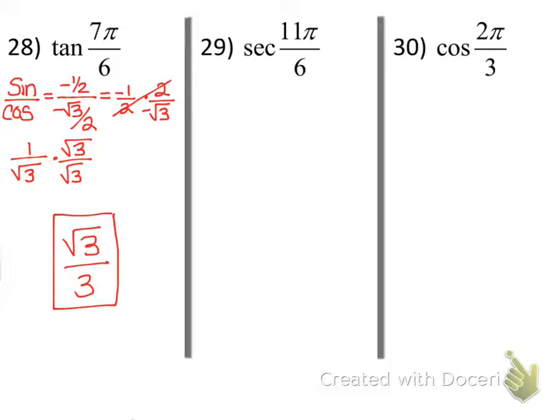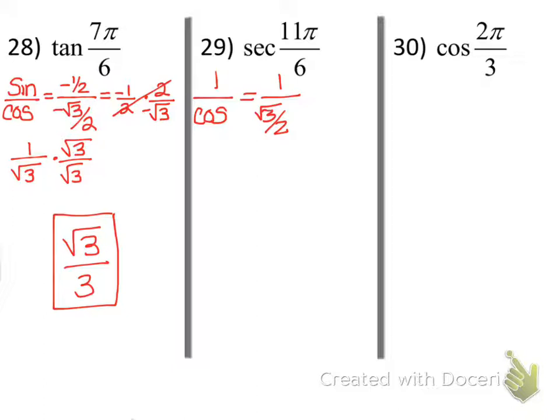So, for secant, you have to remember that secant is 1 over cosine. So, before I begin, I'm going to do 1 over, and then I'm going to go to cosine and write that value at 11 pi over 6. So cosine at 11 pi over 6 is root 3 over 2.